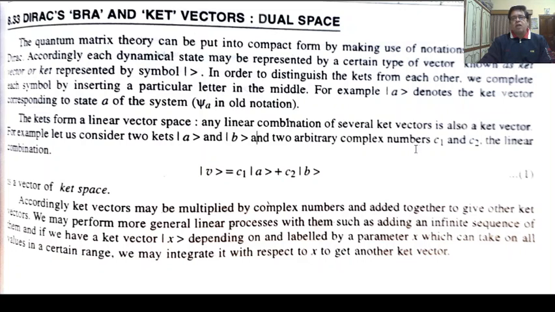You can choose any arbitrary complex numbers. C1, C2 are two complex numbers, and the linear combination ket V equal to C1 ket A plus C2 ket B is a vector of ket space.